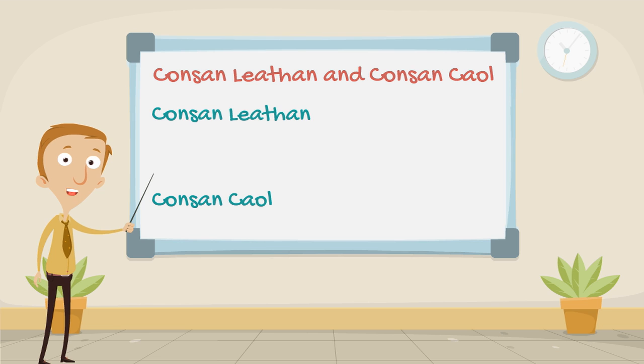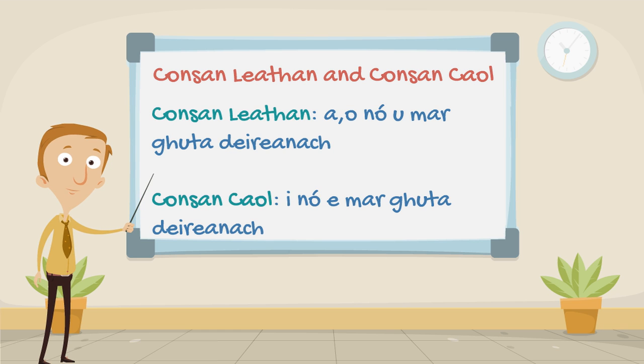It's very easy to tell which is which because a Cunsan Lahan will have either an A, O, or U as its last vowel, and a Cunsan Quail will have either an I or an E as its last vowel. This is a term that comes up all the time in Irish, so make sure you take a note of it and remember it.